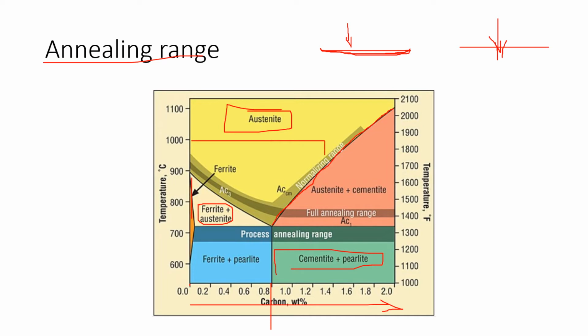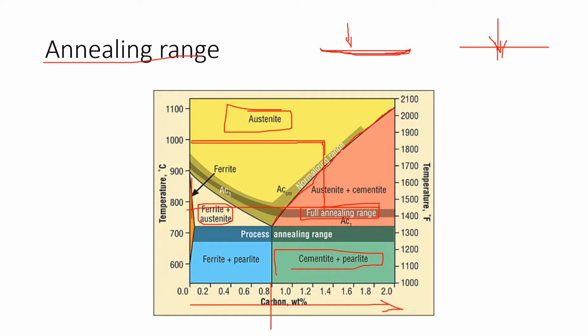Where is the range for the full annealing? If we cool down a metal from its molten state, and cross the normalizing range, if we cool down to a temperature of less than 800 degrees centigrade, we can hold the material at this given temperature within the oven in order to get the full annealed range.